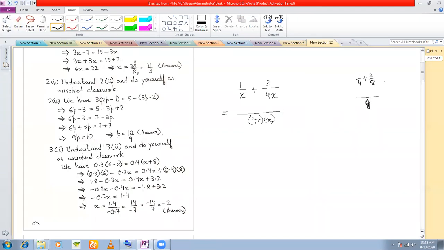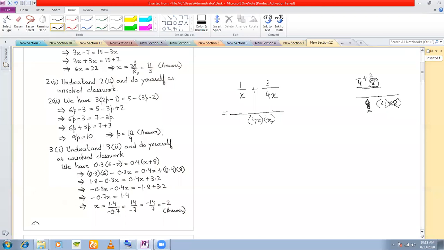We don't take the LCM as 4 into 8; we take it as 8 because the LCM of 4 and 8 is 8. But in this case, we have x in the denominator, so we multiply whatever is there in the denominator, and that is going to be our LCM. So we multiply x with 4x.